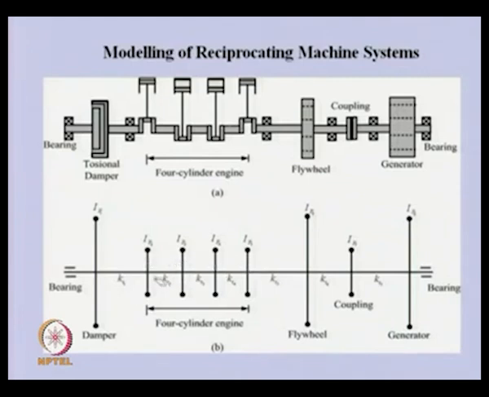Converting the torsional damper, flywheel, coupling and generators to revolving parts is much easier, but for this particular thing we will see how we can do it, using a very approximate crude method for the conversion of the reciprocating parts to the revolving parts.